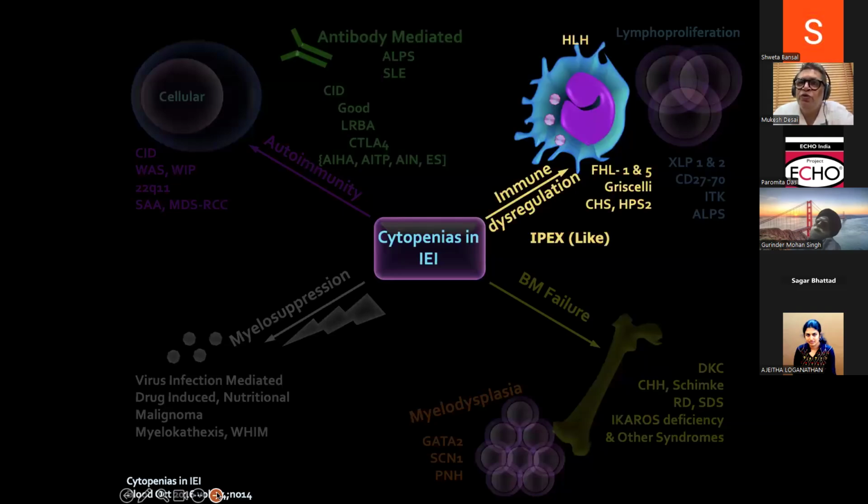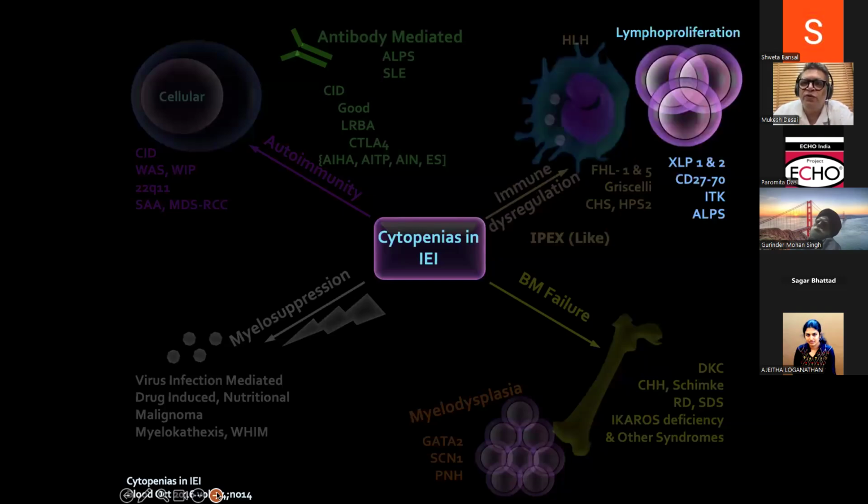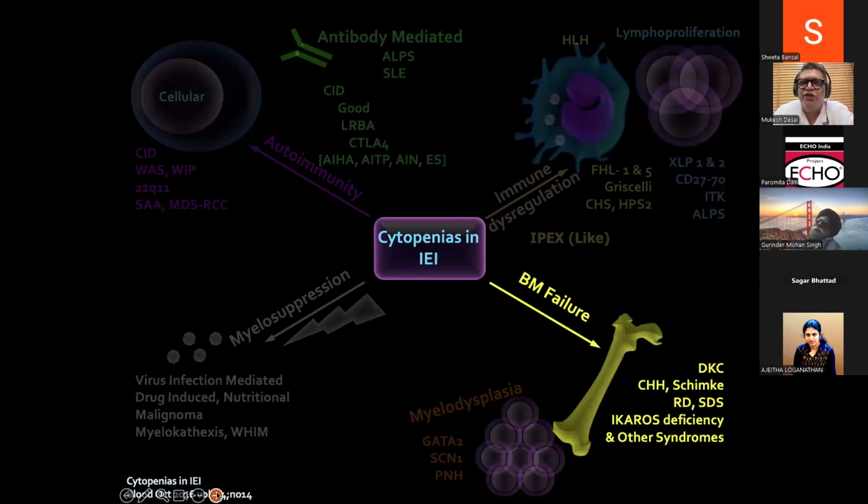Then we have immune dysregulatory disorders, HLH, which can come with pancytopenia and very often confuses the differential diagnosis. Lymphoproliferation, the classical examples are XLP1, XLP2, CD27, CD70 deficiency. Bone marrow failure in children, especially, is now included in the IUIS classification.